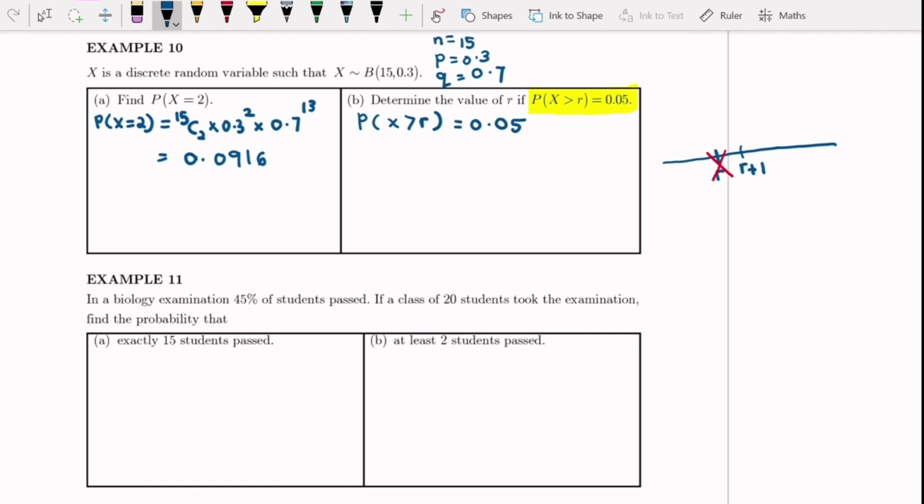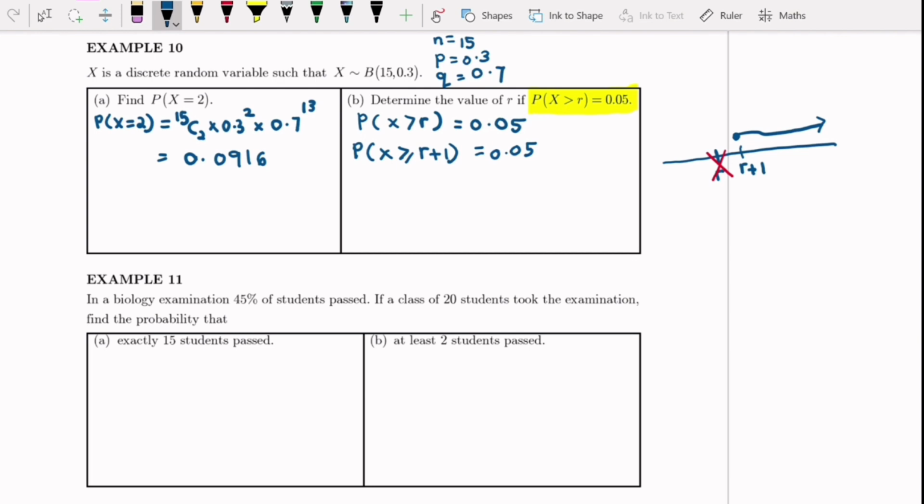So, probability X greater than r is equal to probability X greater than or equal to r plus 1. Why do we need to change from greater than r to greater than or equal to r plus 1? Because the binomial table only gives the value for greater than or equal. So that's why we need to make this change.